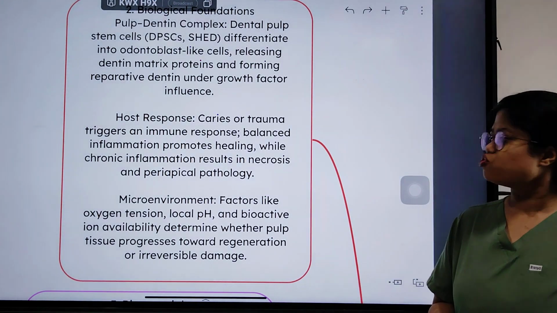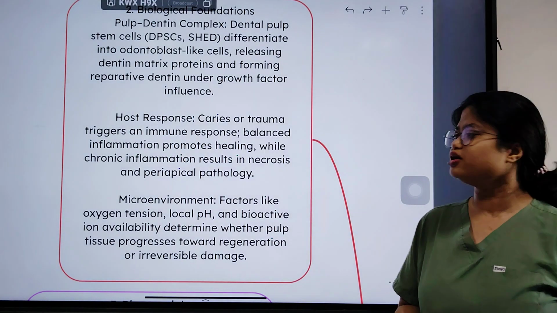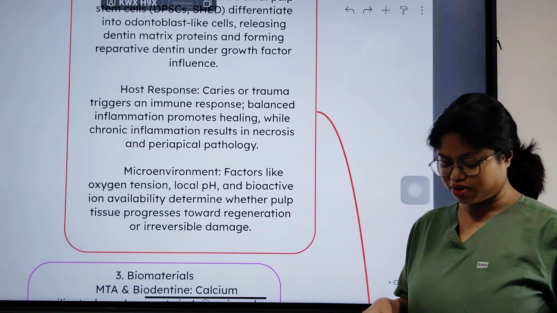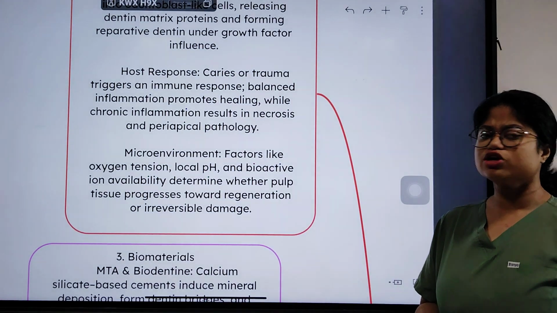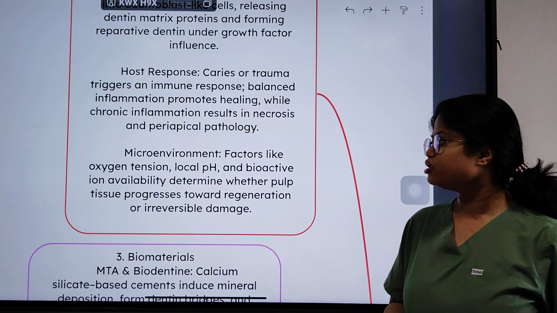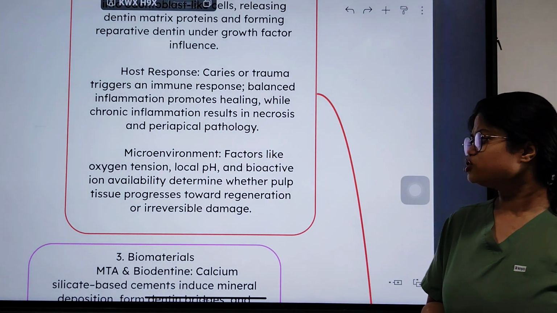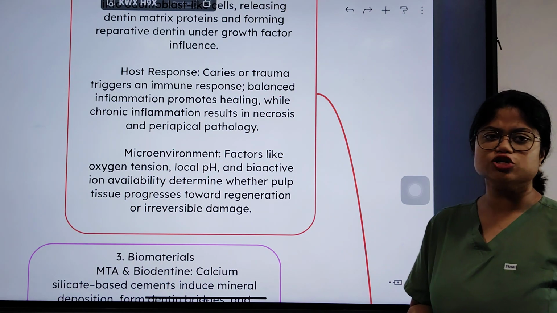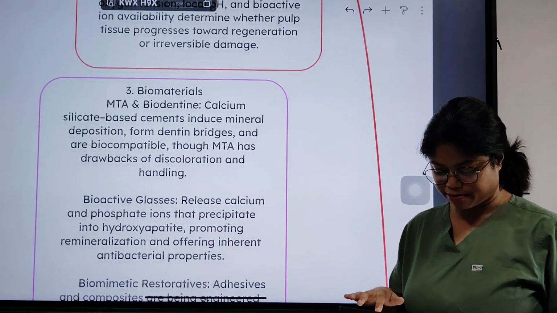Balanced inflammation promotes healing, while chronic inflammation results in necrosis and periapical pathology. The microenvironment is of great importance, in which factors like oxygen tension, local pH and bioactive ion availability play a role, determining whether the pulp tissue progresses towards regeneration or irreversible tissue damage.